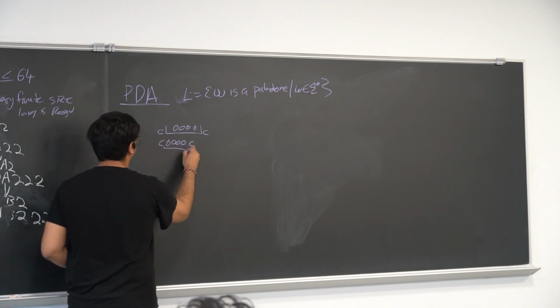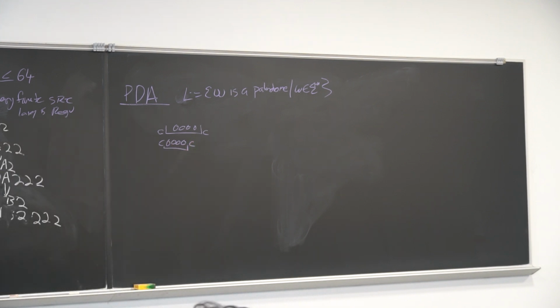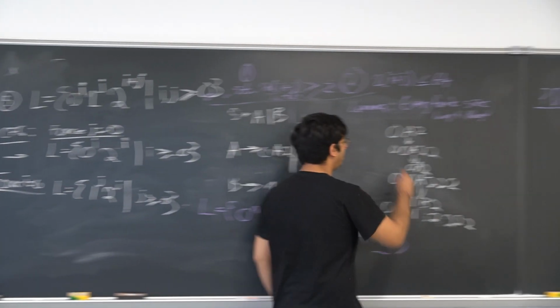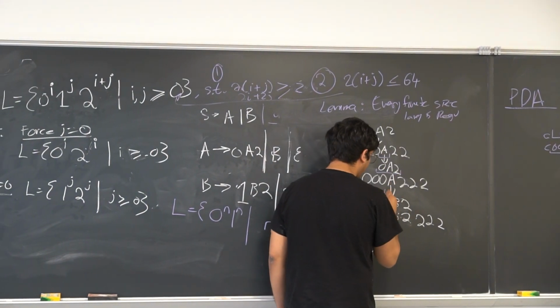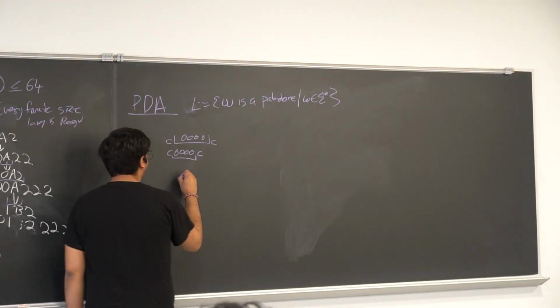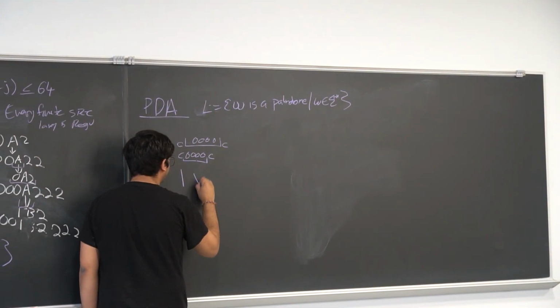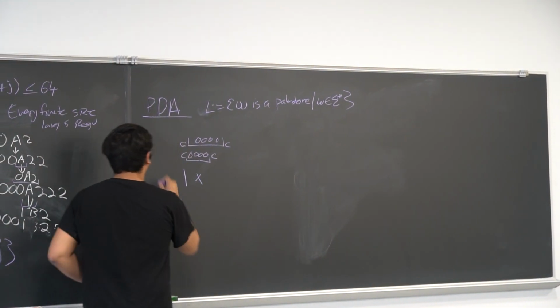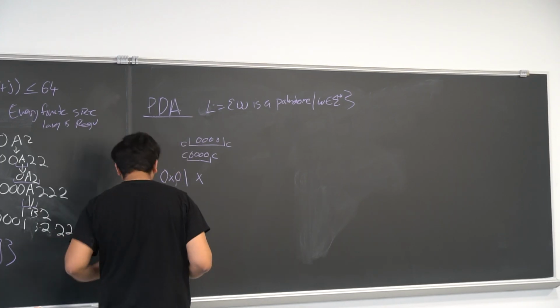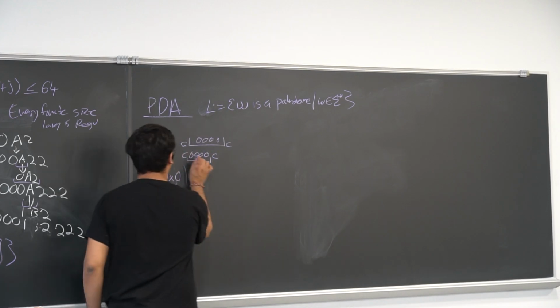Okay, so now let's just do that in reverse. Suppose somebody already gave me a string that's in the language, that's a palindrome. I can either add zeros to both sides, or I could add ones to both sides.